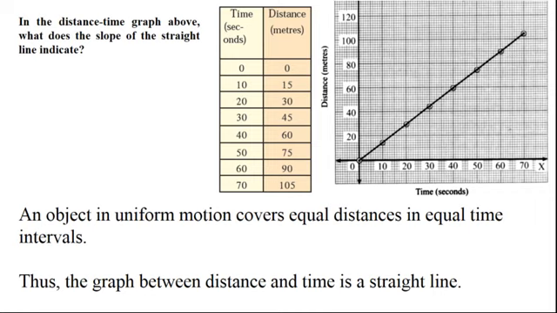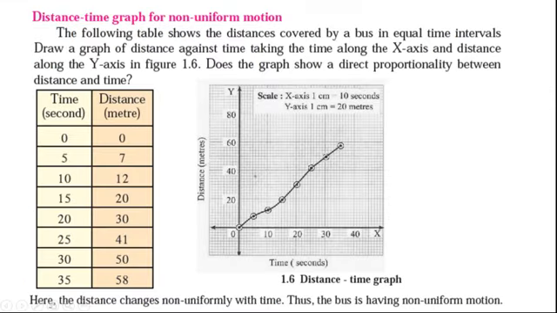Now see the next graph. Again, this is a distance-time graph, and the previous graph was the distance-time graph for uniform motion. Now we see the distance-time graph for non-uniform motion. Earlier we saw uniform motion, now see non-uniform motion.